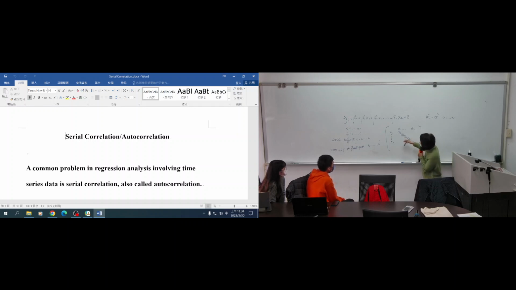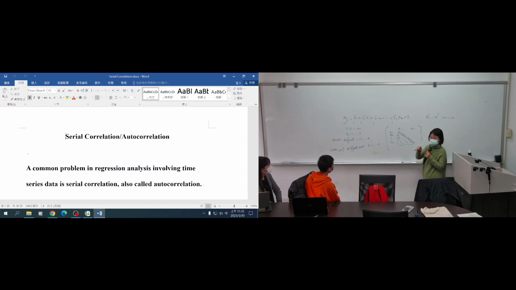Serial correlation is talking about this one with the second one, so it's the off-diagonals. This matrix has an upper triangle and a lower triangle. They're the same, so usually we just show one part of the triangle. All this serial correlation is talking about those parts instead of the diagonal parts, okay? All right?